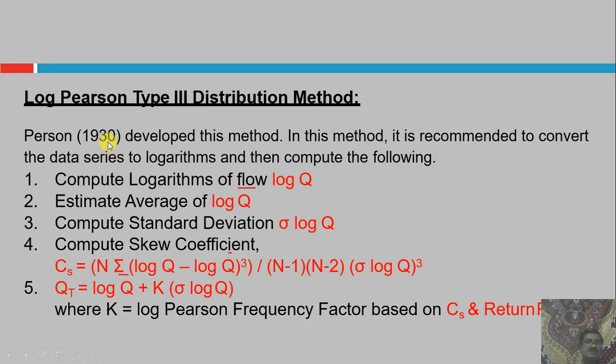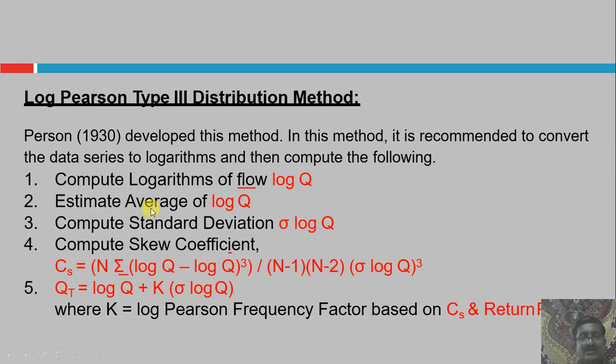This theory was developed by Pearson in 1930, and in this method it is recommended to convert the data series into logarithms using the various formulations. Compute the logarithm of the flow, log Q, and estimate the average of log Q or X, please remember that. Now here the statistics are computed.